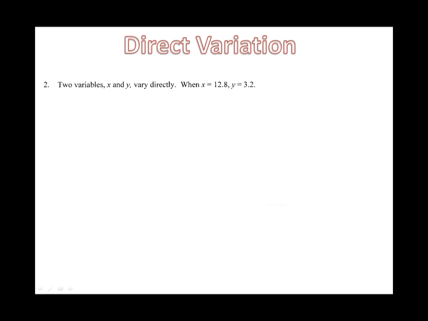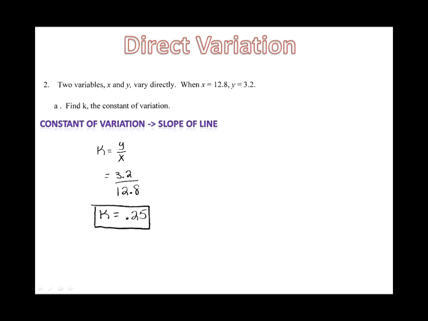In the second example, they tell us that the variables x and y vary directly. That means it forms a straight line. They say x is 12.8 and y is 3.2. They want you to find the constant of variation. The constant of variation is the slope of the line, y over x. That's 3.2 over 12.8.